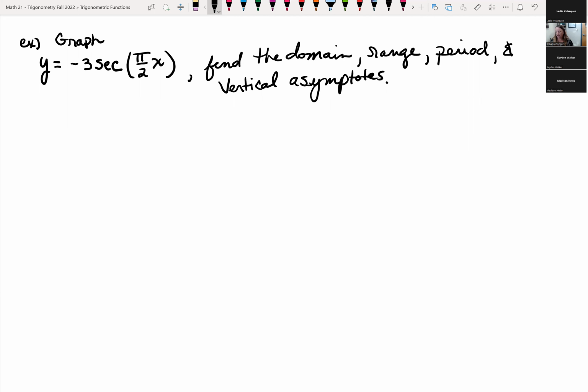And we're going to find the domain, the range, the period, and the vertical asymptote. So let's rewrite this in terms of sine or cosine. Well, secant of x could be rewritten in terms of cosine of x. So this is going to be y is equal to -3 all times 1 all over cosine of pi halves x.